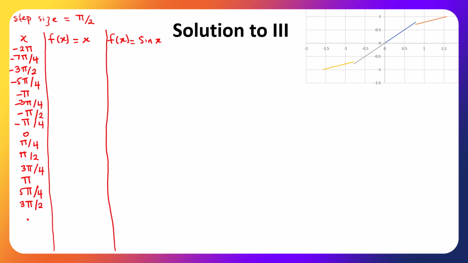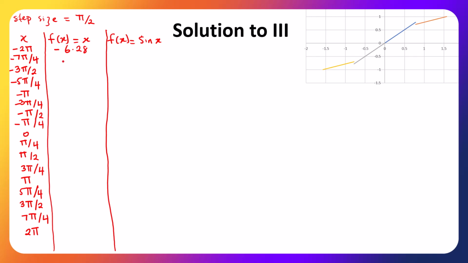We have 7 pi over 4. Then finally, we have 2 pi. So I will just quickly fill in this function, this column. We have this to be minus 6.28.